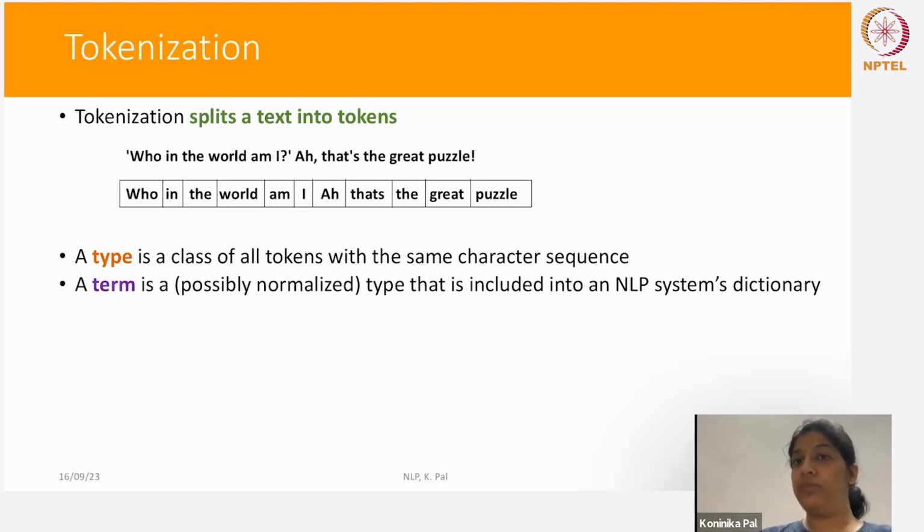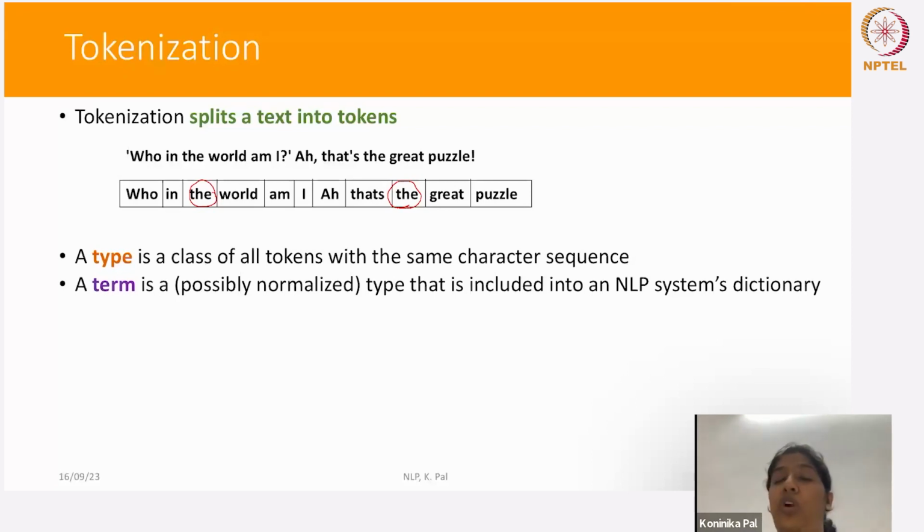So before moving forward, how do we do the tokenization? Let me give you two small definitions as well. One is the type. A type is a class of all tokens that have the same character sequence. For example, here, the third token from the left and the third token from the right are the same type, but two different tokens because they appeared in two different positions in the text.